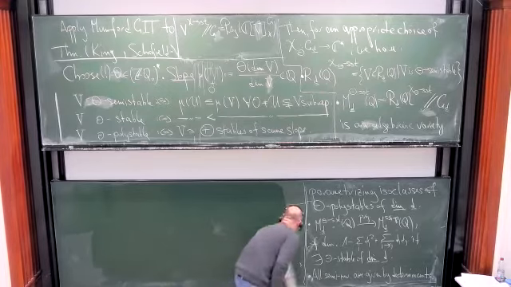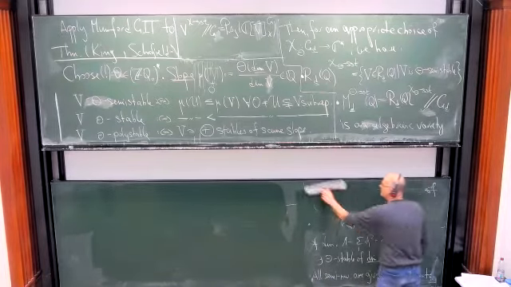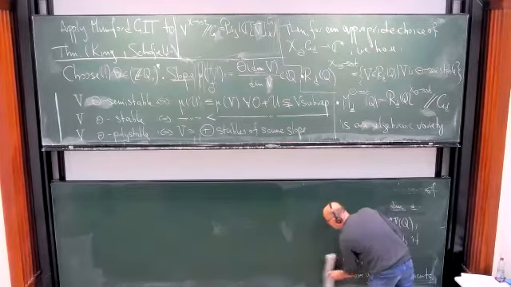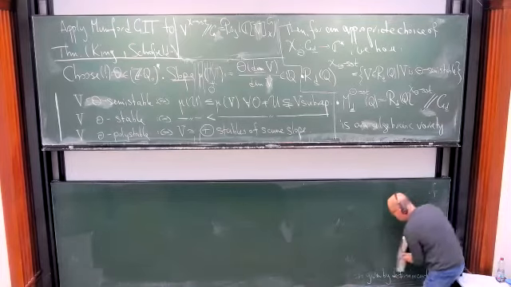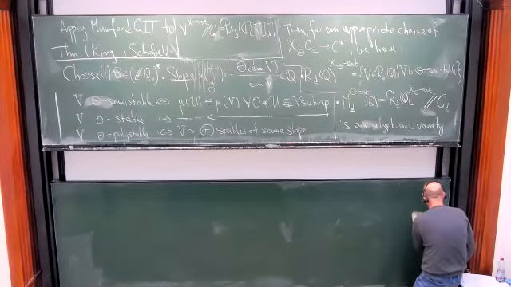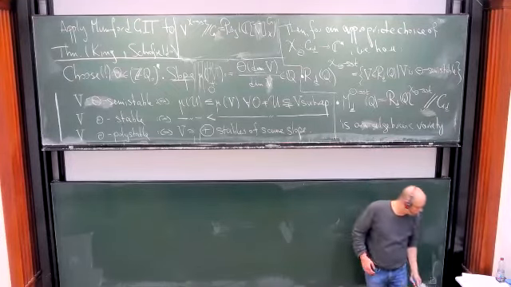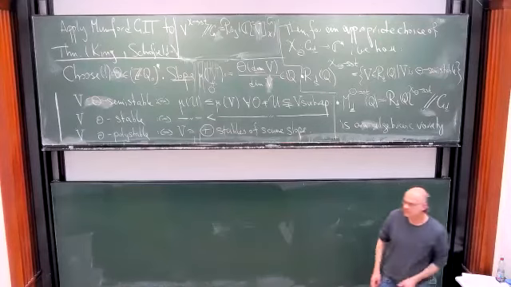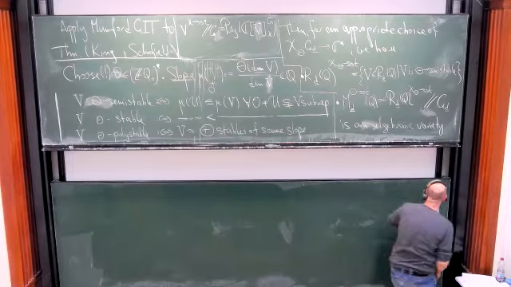So I will do three classes of examples. The first example, which is perfectly valid for what I developed up to this point, is to choose theta as 0. That looks really trivial, but it's perfectly allowed. And let's just see what it gives.